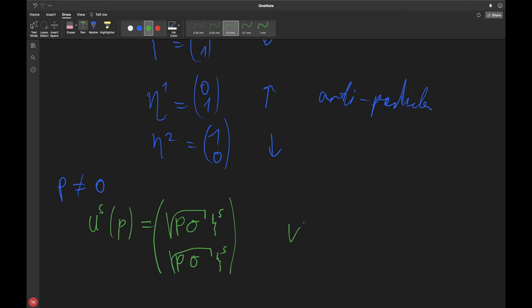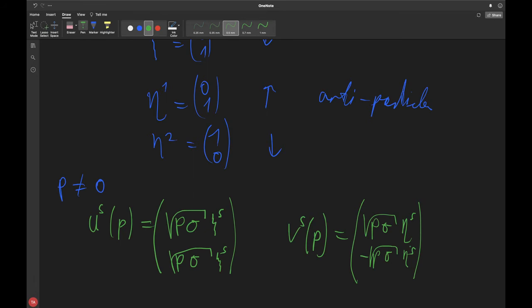And the v, which again describes the spin and depends on the momentum, is the square root of p dot sigma times eta s, and minus the square root of p dot sigma bar times eta s. So these are now the four component vectors which have two components.